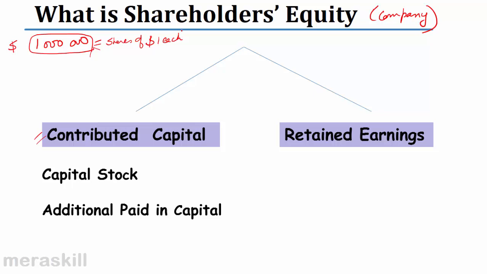Do you understand? So I may hold 10 shares, you may hold 50 shares, somebody may hold 500 shares, another person may hold 1000 shares, and so on and so forth. So if I hold one share, I have just $1 worth of capital in this. If I hold 10 shares, I have $10 worth of capital. Do you understand?